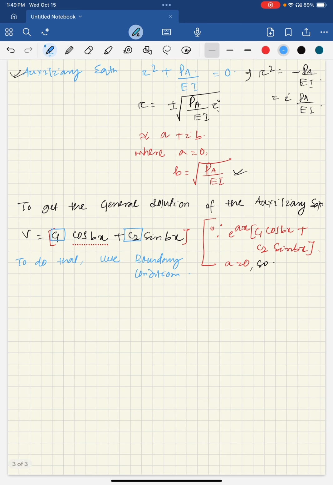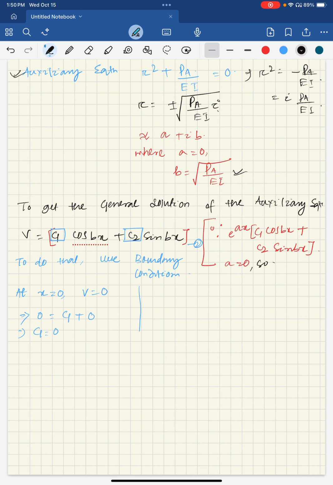So we'll write it in a sense that at x is equal to 0, v is equal to 0. If you put the boundary condition x is equal to 0 and v is equal to 0 in equation 2, we get left hand side is equal to 0. This is c1, 0. So c1 is equal to 0.